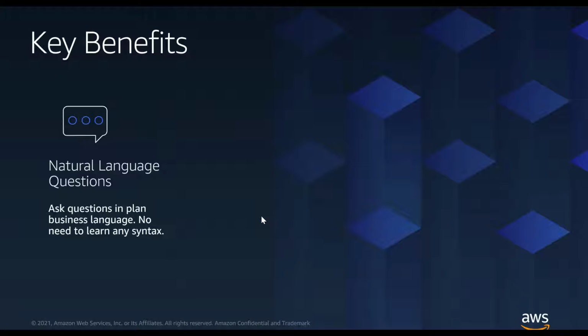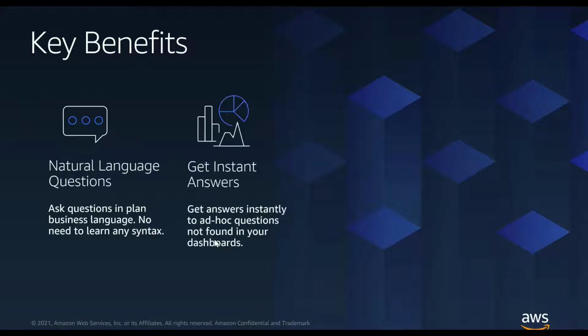So first and foremost, it is truly a natural language search capability. Business users can ask questions about their data using everyday business language in the most natural form. There is no need to learn any syntax. Secondly, your users can get answers that go beyond the known questions that are captured in the pre-built dashboard.